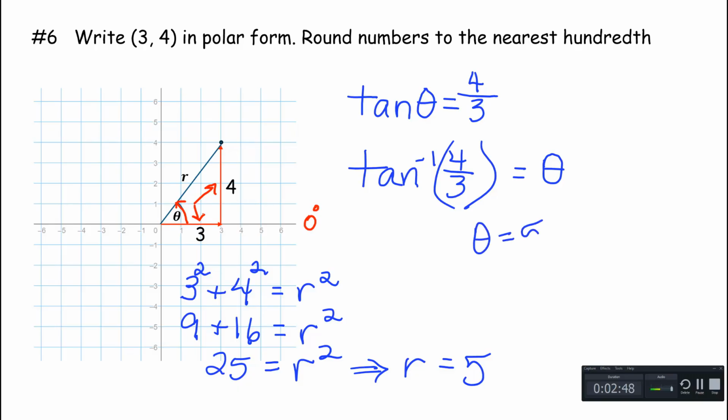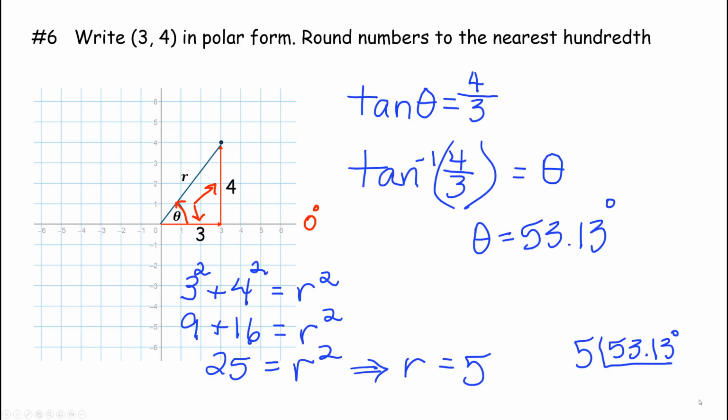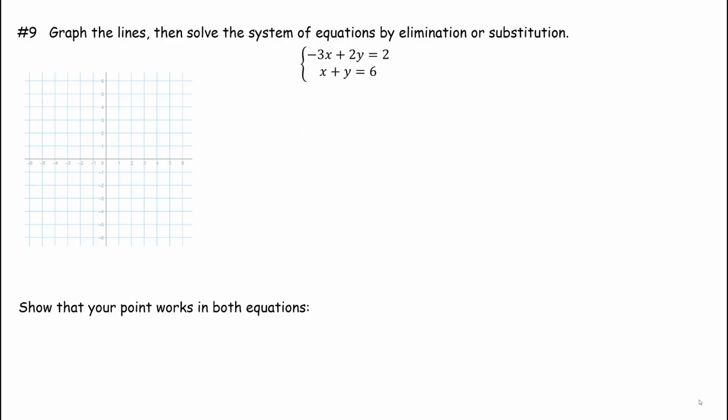And if we do that, we're going to get that theta is about 53.13 degrees. And so now we have our R and we have our theta. So our answer is going to be 5, 53.13 degrees.